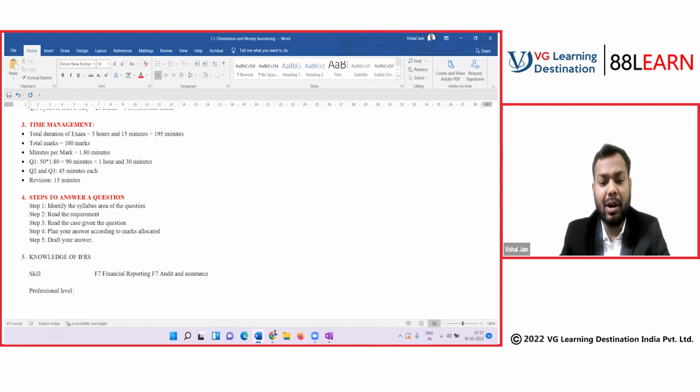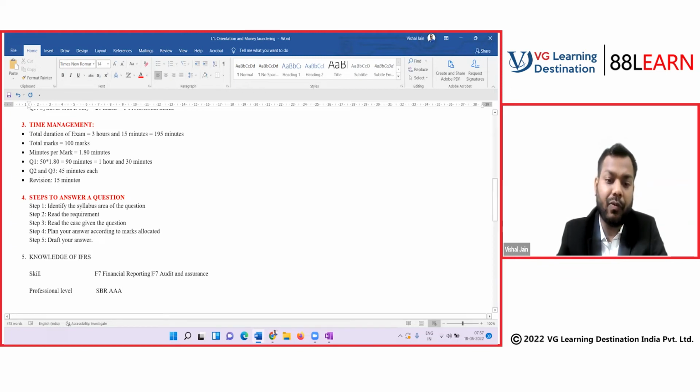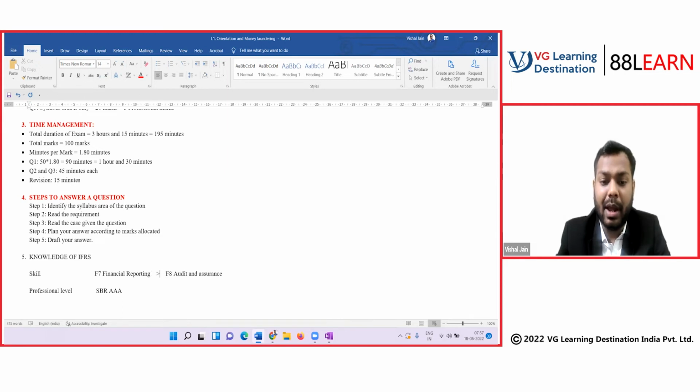At professional level, we have strategic business reporting, and then we have AAA. Agree? See what happens for appearing for advanced audit and assurance. Sorry, this is F8. For appearing advanced audit and assurance, it is always recommended that you appear FR first, financial reporting first.